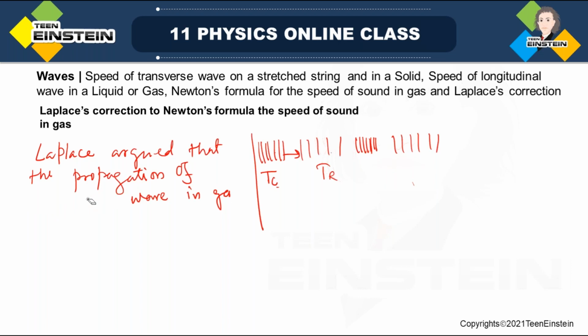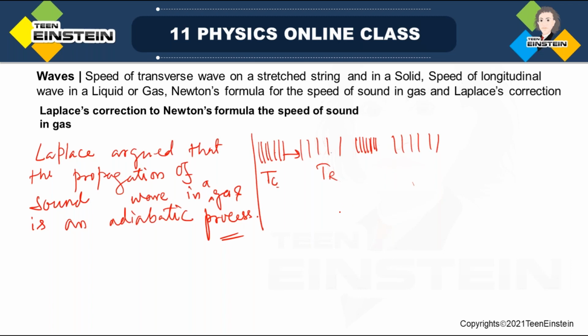Anyway, that is also a longitudinal wave. So sound wave in a gas is an adiabatic process, not an isothermal process. Okay, an adiabatic process.